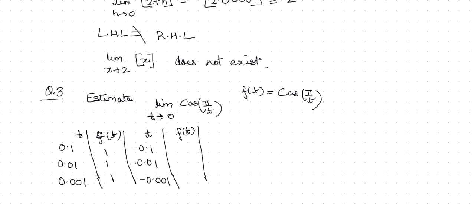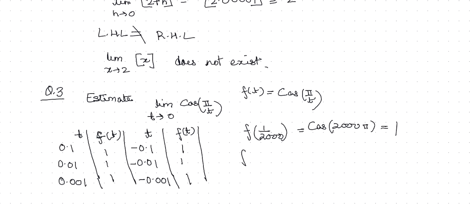So we get 1. When we substitute the values from both sides of 0, we get 1, 1, 1. So we can estimate the limit to be 1 in this case. But if we check with other values, like f(1/2000), this gives cos of 2000 pi, which gives 1.